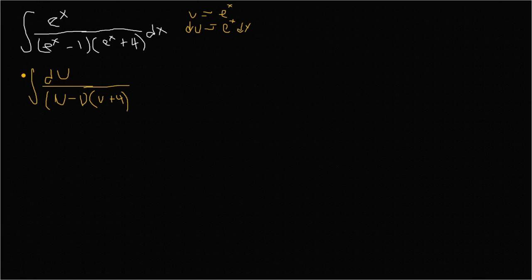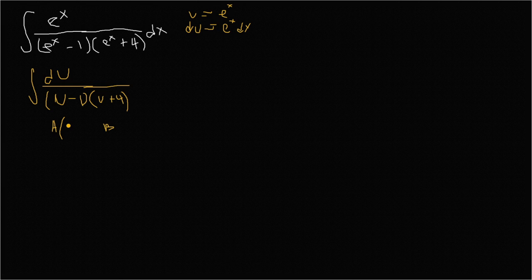And so we still cannot properly integrate this, so we want to find values of a and b to complete the partial fraction. We've done this enough times that I'm going to skip writing out the cross multiplication and stuff.